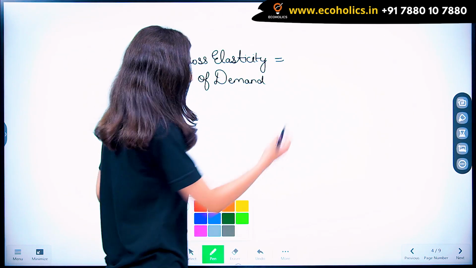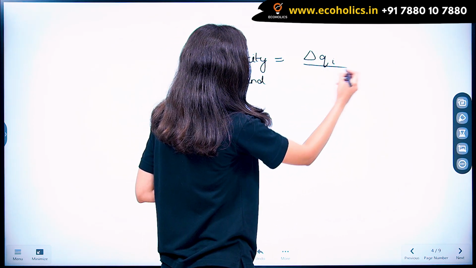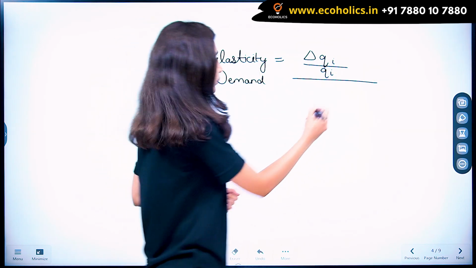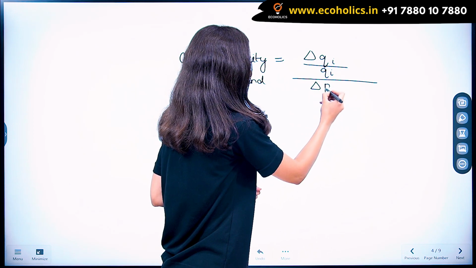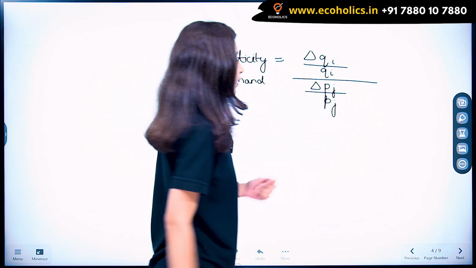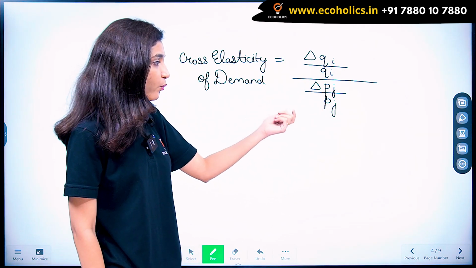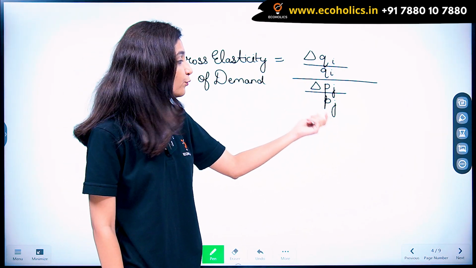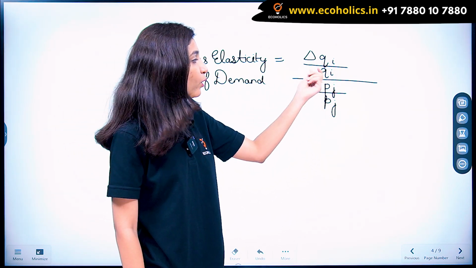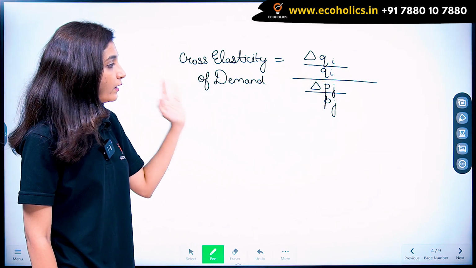It will be given as delta Qi upon Qi, whole divided by delta Pj upon Pj. Here we have two firms, I and J. When there is a change in price in firm J, how is it going to affect the quantity demanded of firm I? This is how we represent cross elasticity of demand.